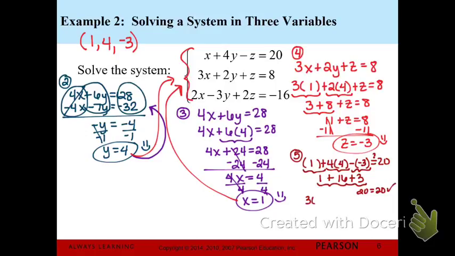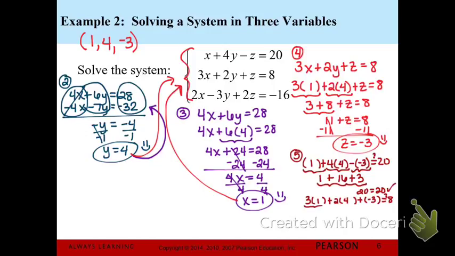Try the second one. So 3x plus 2y plus z. And we want to know if that's equal to 8. Do we have to really try the second one though? Even though we used the second one to solve it, we could have still made a mistake, yes. So plug in your x, your y, and your z.